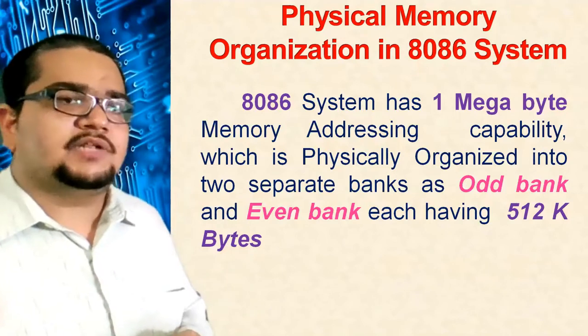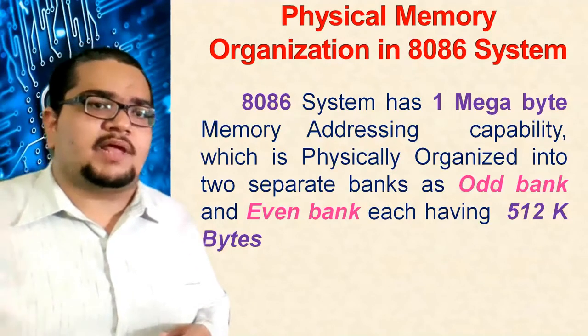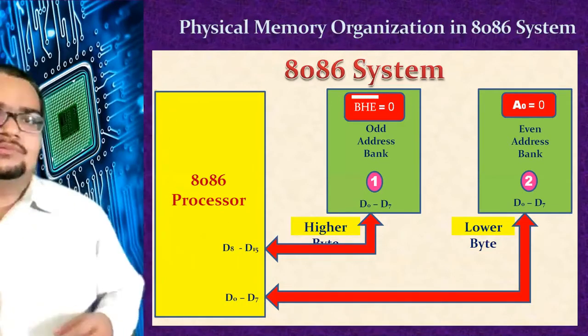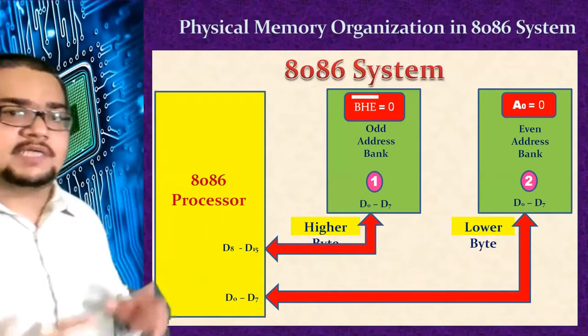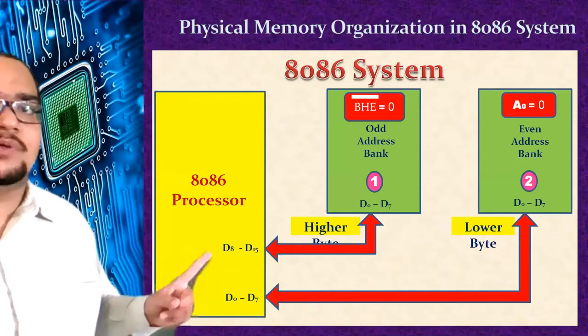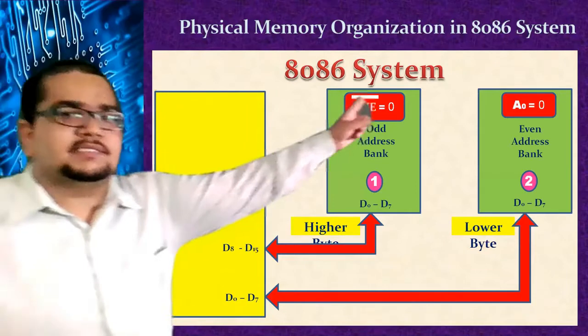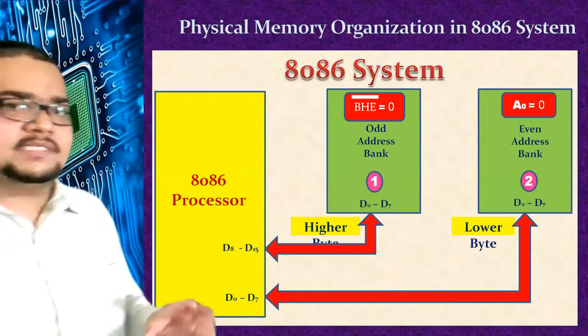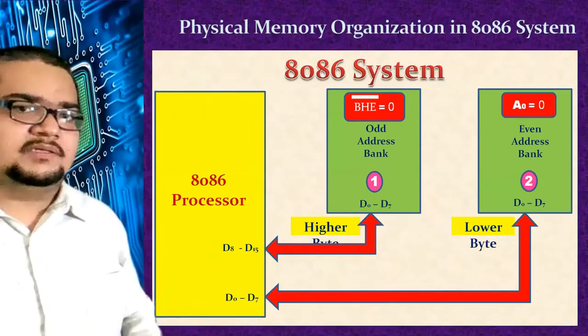Okay, so let us continue and check the block diagram, and I hope you'll understand it better. When you look at this block diagram, we are in the 8086 computer. The 8086 processor is this one, and these two are the memory ICs which we are connecting to it. Memory ICs: one is the odd bank, another is the even bank.